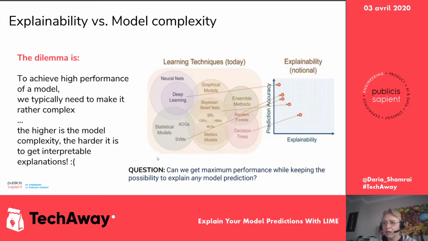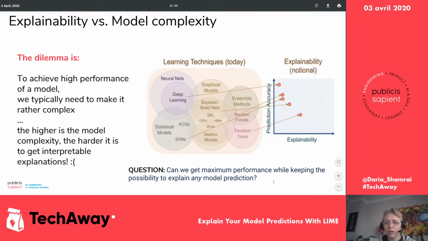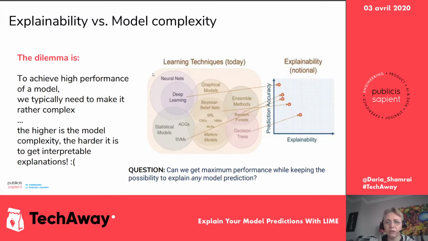So the chart here, I don't know if you can see my cursor moving. The chart at the right was actually produced in the process of a DARPA study, and DARPA is a sort of defense advanced project agency in the United States. I'm not sure about the abbreviation. But they studied, for instance, that decision trees are nice, cute, simple. You can easily explain them because they are easy to illustrate, easy to visualize, easy to make interpretable.